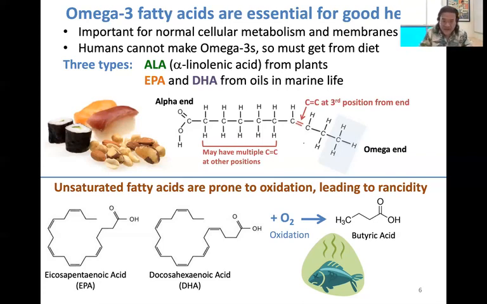So a fascinating thing to think about here is that because these are filled with double bonds, these double bonds are targets for oxidation. In other words, if you have oxygen present, that can actually get its way in between the double bonds and cause the double bonds to break.